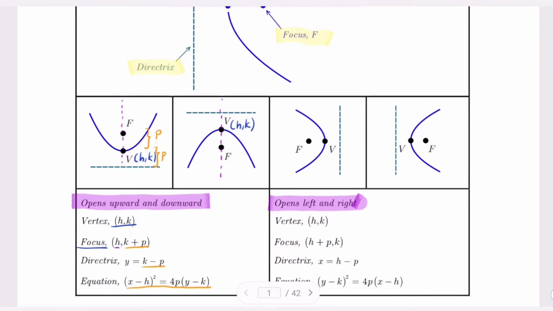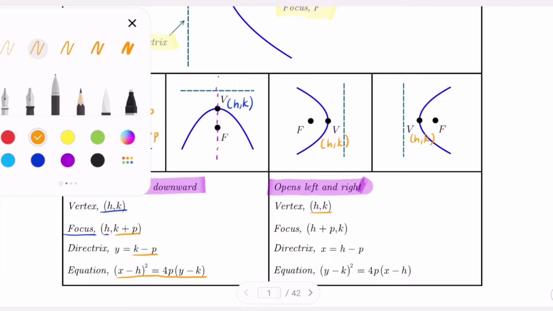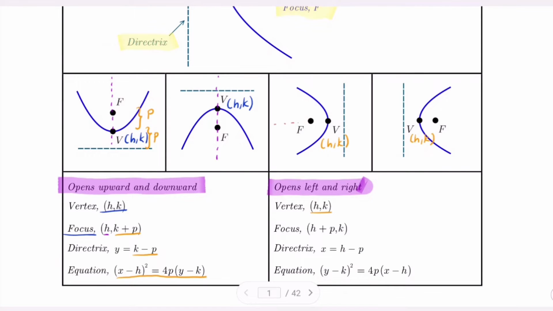The next 2 shapes, which open left and right, are similar to the left hand side, but the difference is only the location of the H and K. Right, so the vertex will be the same, which is H, K. And we notice this time K remains the same.